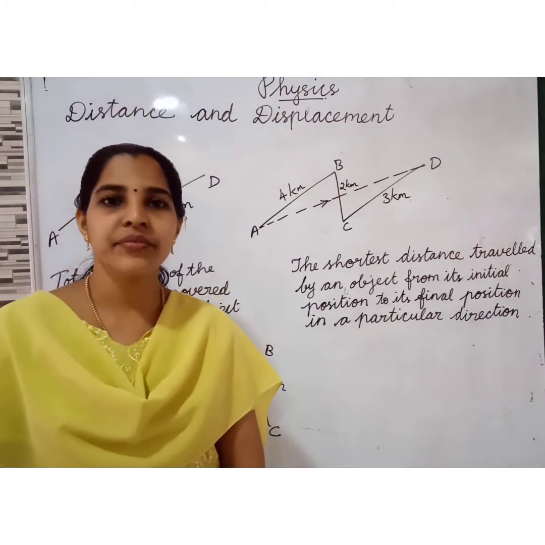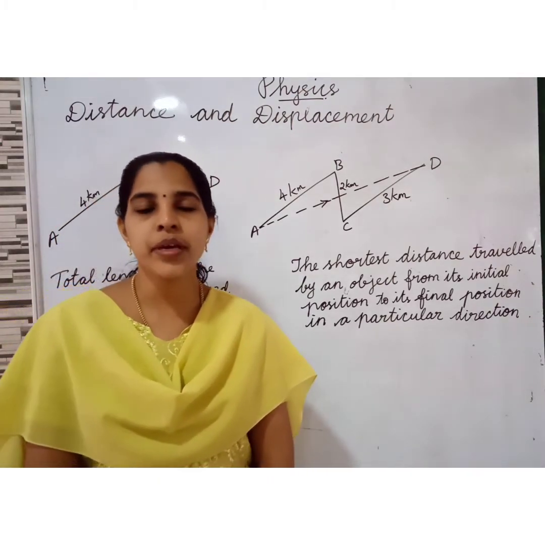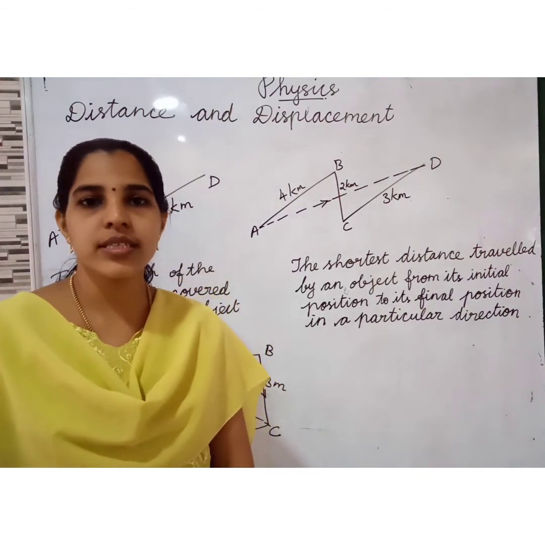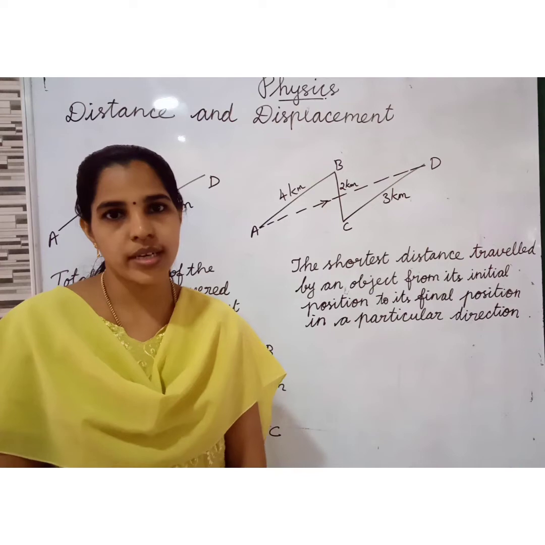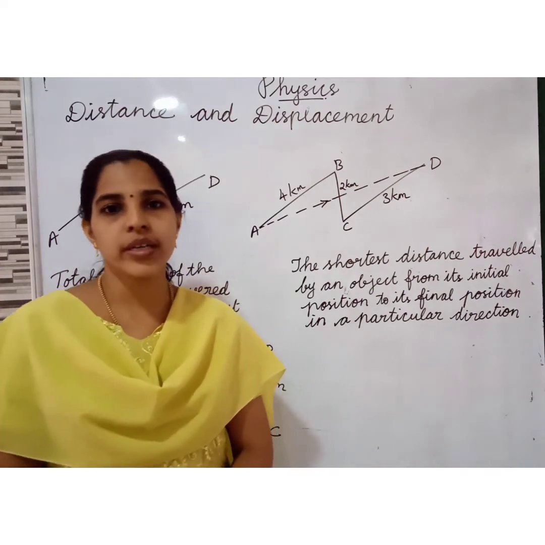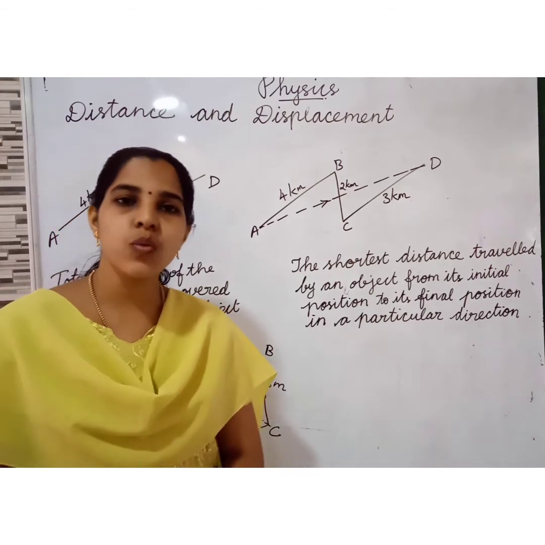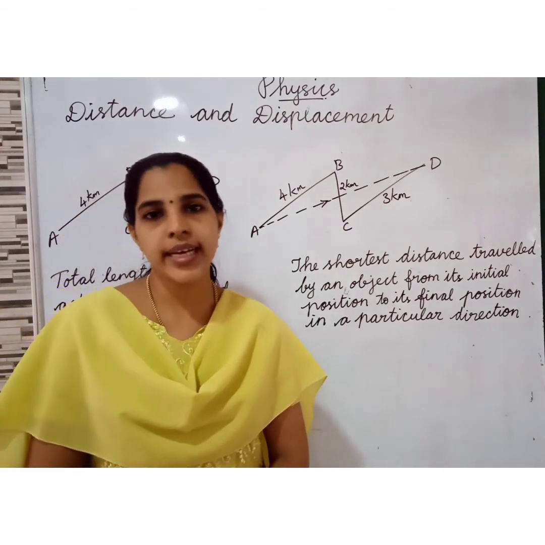Scalar and vector quantities. What do you mean by scalar quantities? Scalar and vector quantities are physical quantities. But scalar quantities have only one category, while vector quantities have two categories.